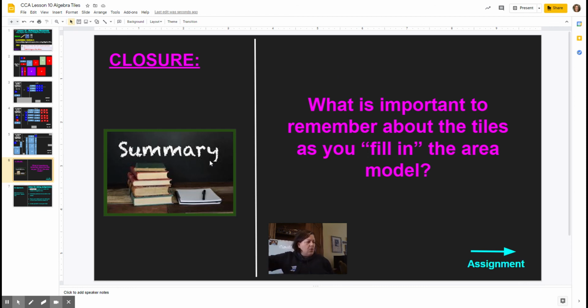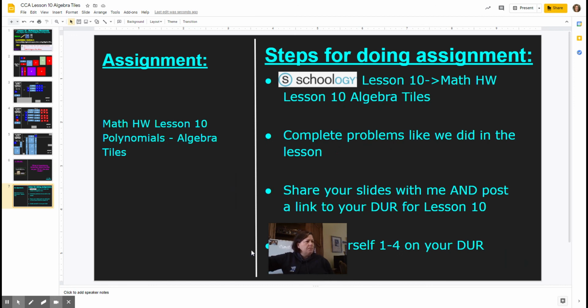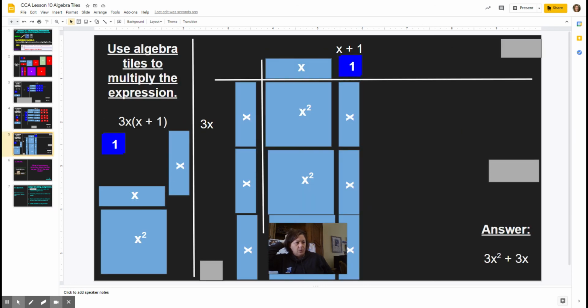So when you're ready, head over to Schoology, and you're going to open up the Lesson 10 assignment. The Lesson 10 assignment is going to be Google Slides, just like what you did for Lesson 6. It's going to be problems like this, and on the left-hand side of those slides, there are stacks of tiles.